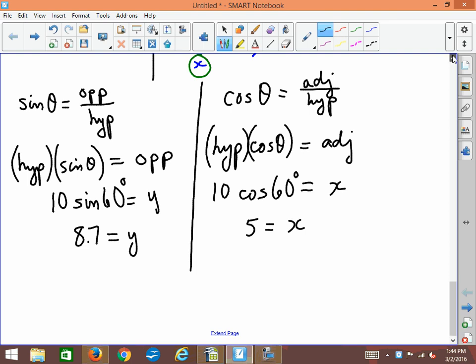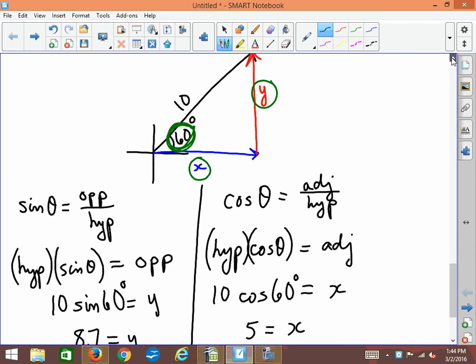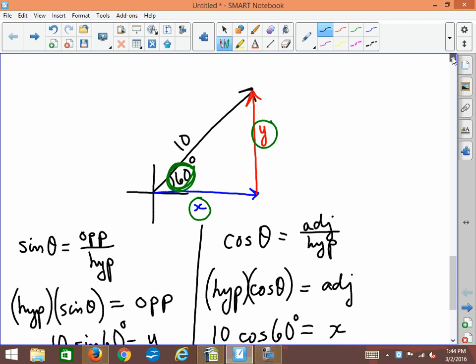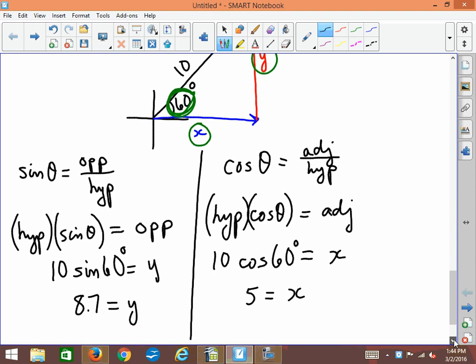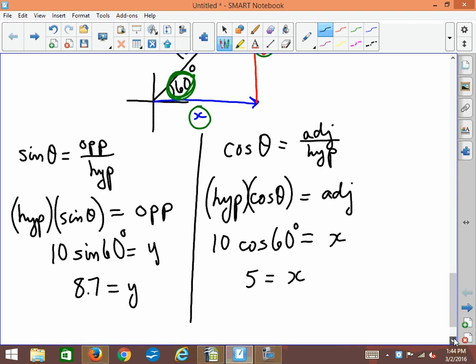So what this is telling me is that the black vector, the 10 at 60 degrees, is the same as going sideways 5, sideways is x on this one, and then going up at the same time 8.7, as if you had an Etch-a-Sketch and you were turning your two knobs.